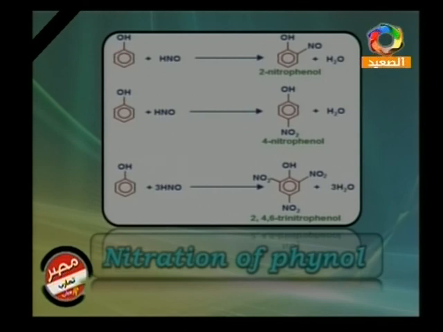This reaction happens because the OH is found on the benzene ring. If I have no benzene ring, we have substitution of the nitro group by the hydrogen atom from any one of these carbon atoms. So here the hydroxyl group directs NO2 to positions 2, 4 and 6, plus 3H2O.